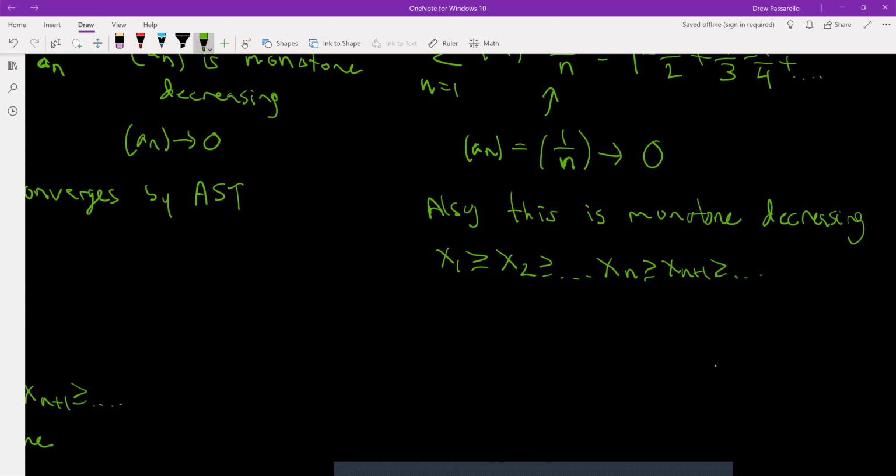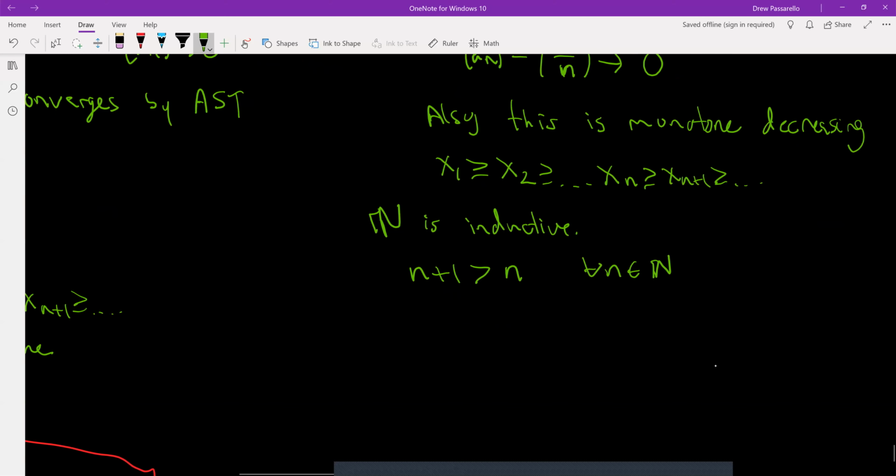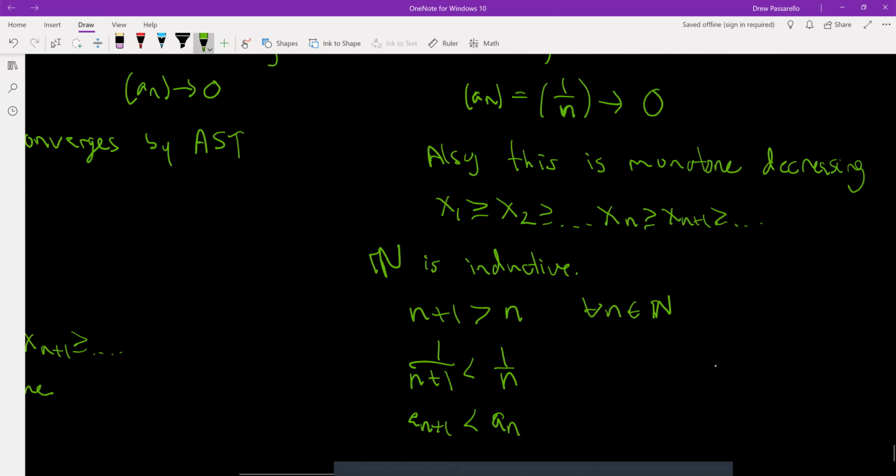So we know in the natural numbers, n plus 1 is greater than n for all natural numbers n. Therefore, 1 over n plus 1 is less than 1 over n. 1 over n plus 1, that's the (n+1)th term, and that's less than the nth term. So this is monotone decreasing.